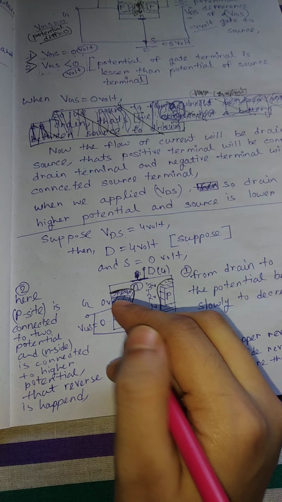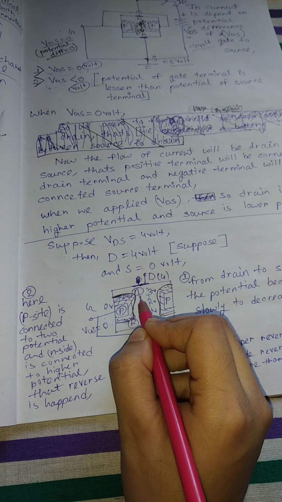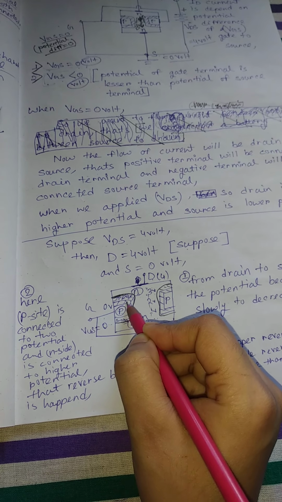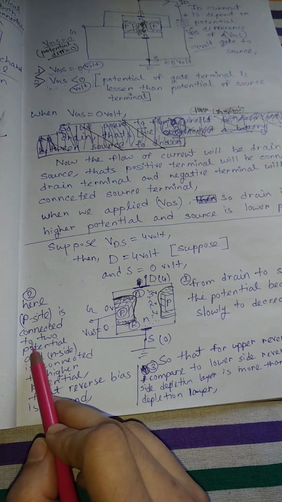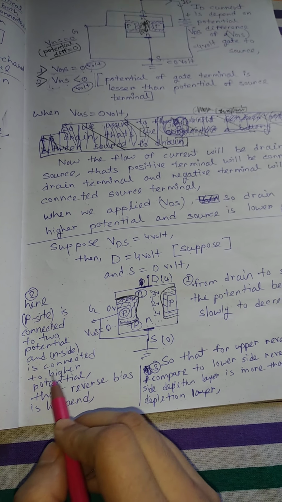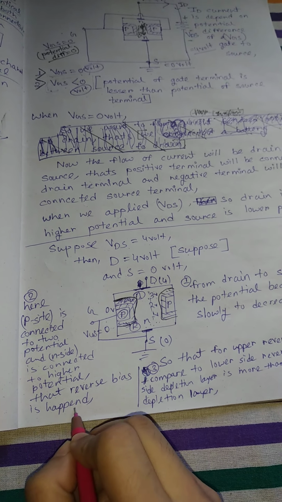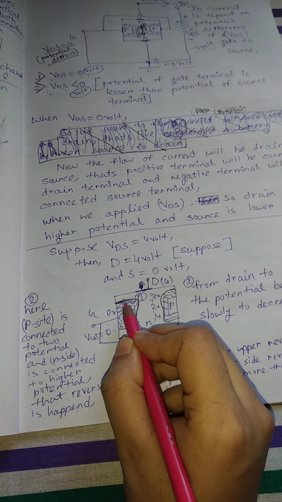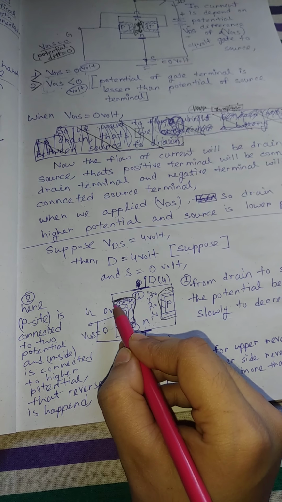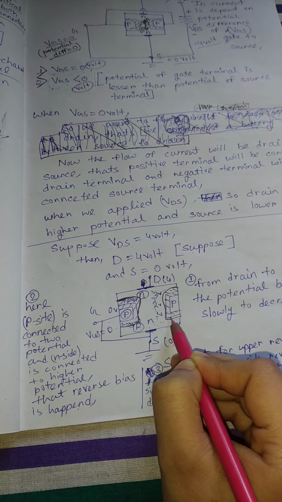When P is negative and N is positive, reverse bias happens, because the P side is connected to the negative potential and the N side to the higher potential. And when reverse bias happens, the depletion layer increases.